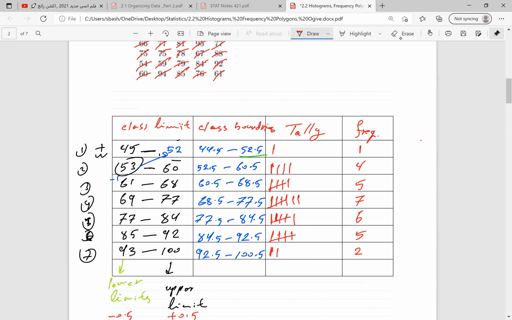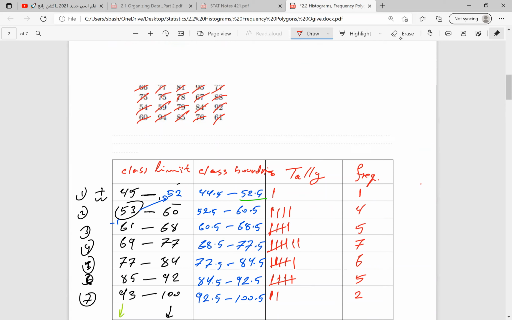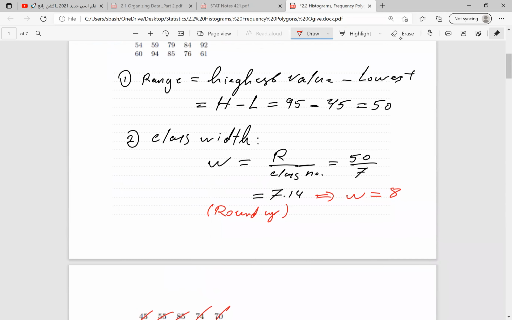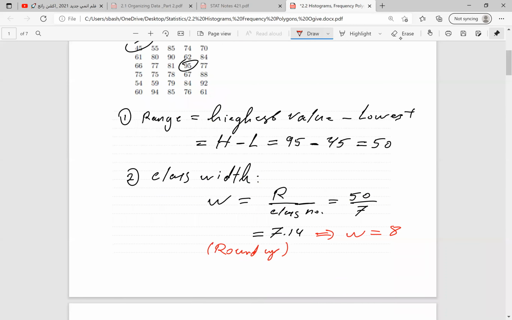You can see we constructed groups to contain this data. Usually we use grouped data if we have a large range. This should be a remark. If the range is very large or large enough, we use grouped data because we are not going to construct more than, let's say, usually 12 or 15 classes.